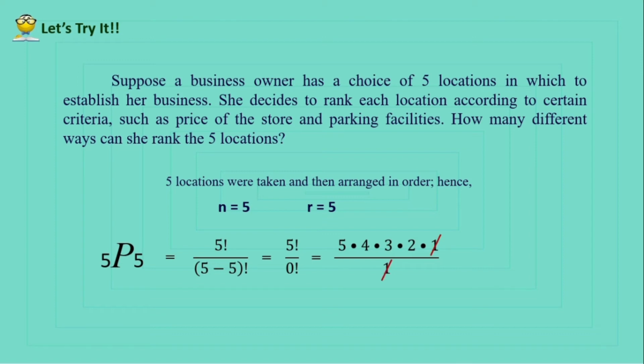We cancel 1, then multiply the other remaining values, and we got 120. Therefore, there are 120 different ways that she can rank the 5 locations.